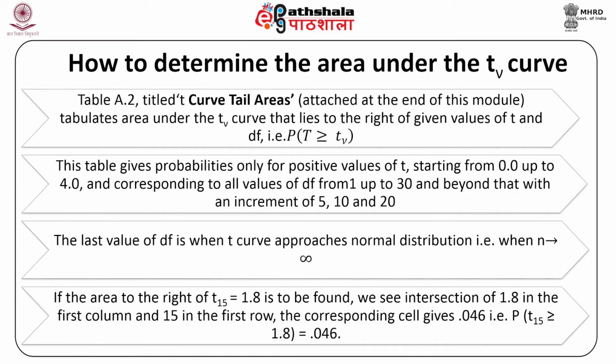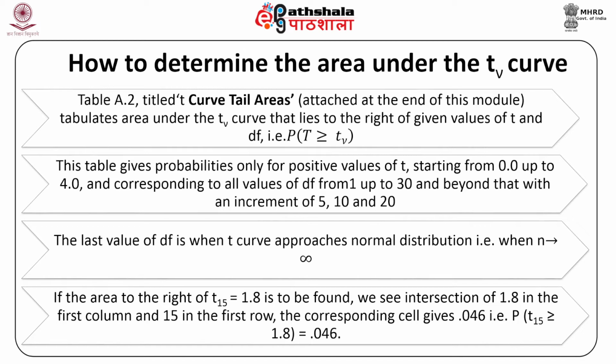Now this table tabulates area under the T curve that lies to the right of the given value of T and degrees of freedom, which means it gives us the probability that T is greater than or equal to T nu. The first column in the table gives values of T up to 1 decimal point, and the first row gives the value of the parameter, that means the degrees of freedom corresponding to which T curve is defined.